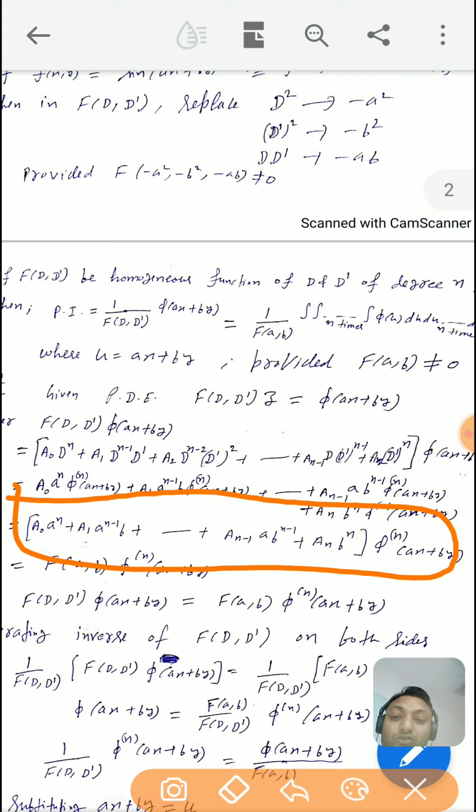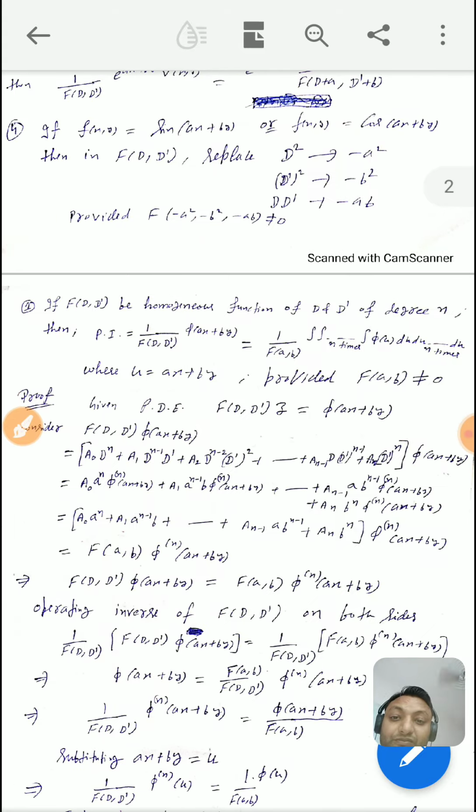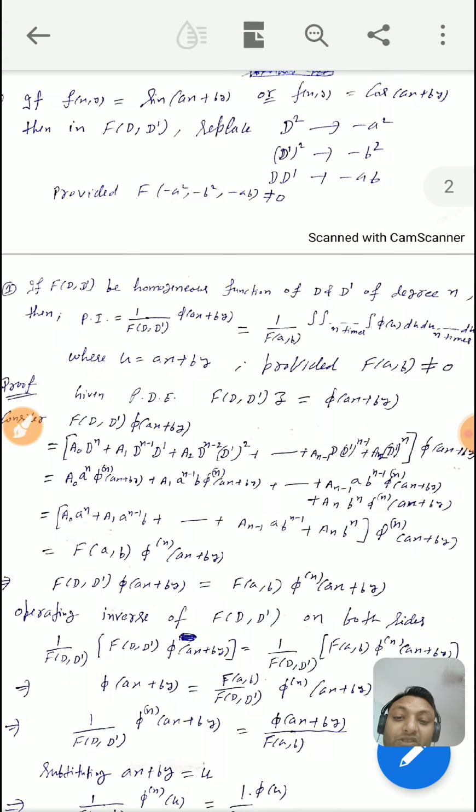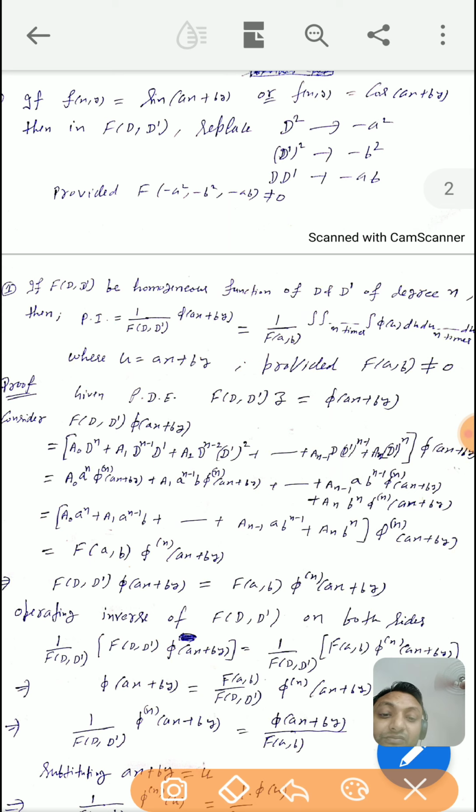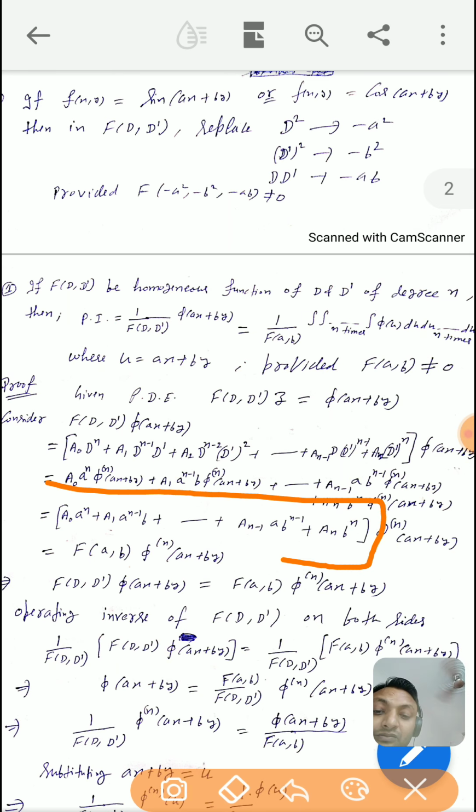Now you may observe that this expression is the same as when we replace D by a and D dash by b in f of D, D dash.